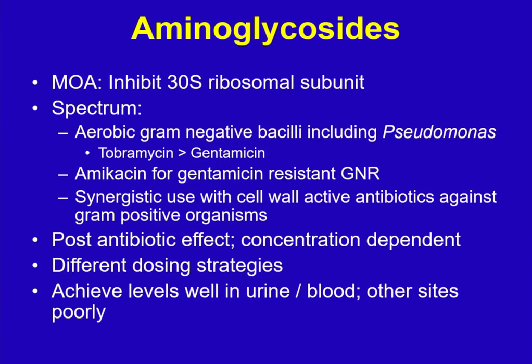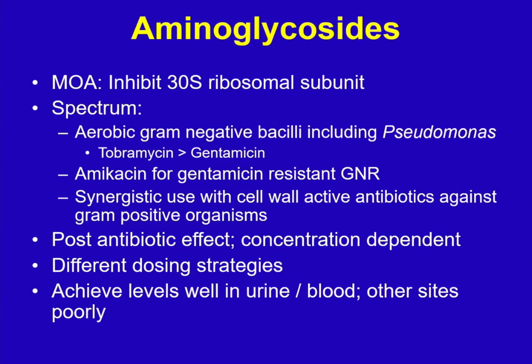Aminoglycosides inhibit the 30S ribosomal subunit. They tend to work really well against aerobic gram-negative rods. For Pseudomonas activity, tobramycin is much better than gentamicin. In fact, for gentamicin, we actually report it in our antibiogram against gram-negatives because we really want to try to separate Tobra and Gent. Gent is more for gram-positives.